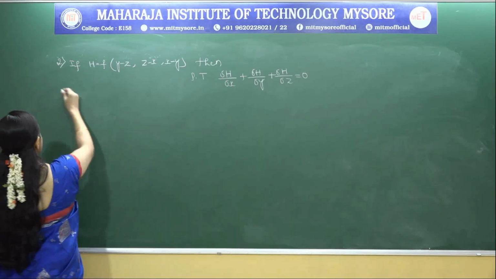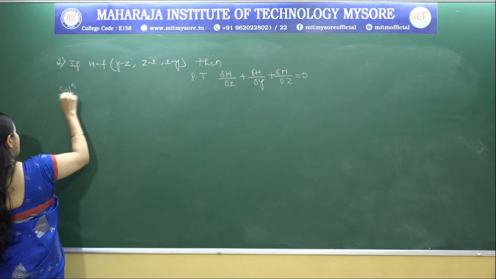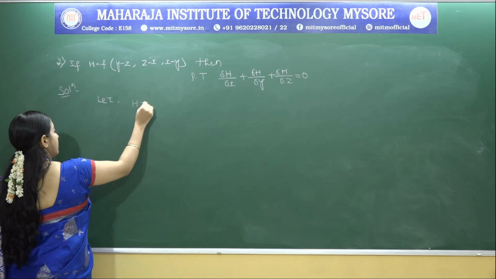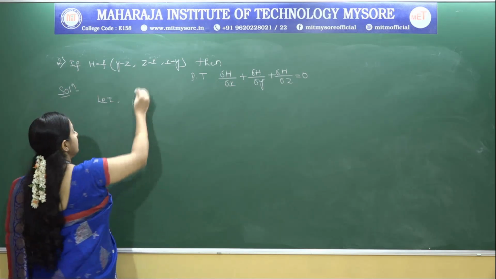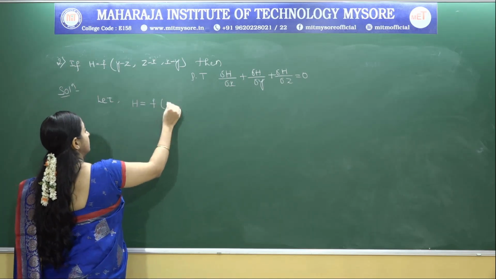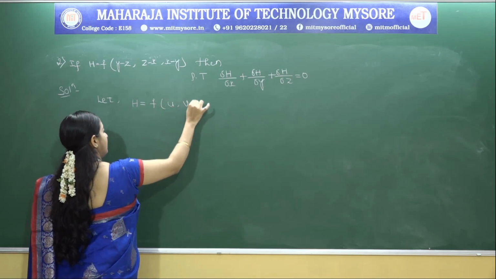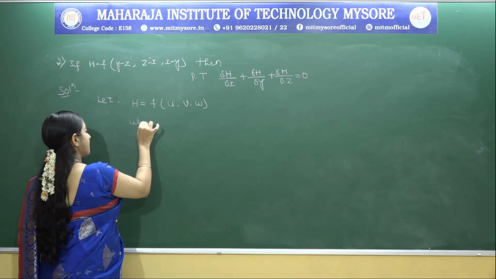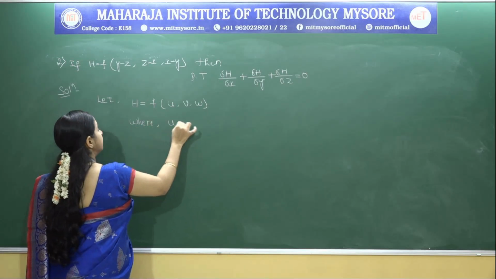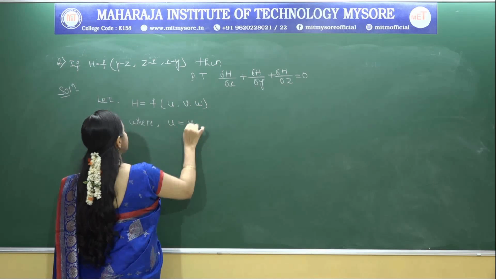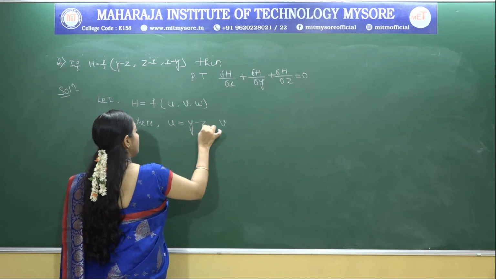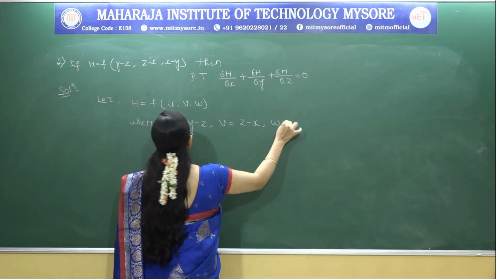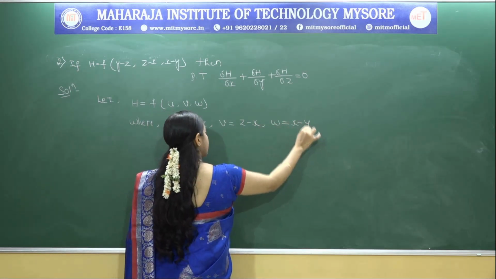I rewrite this problem as: let me consider this h function as f of u, v and w, where u equals y minus z, v equals z minus x, w equals x minus y.